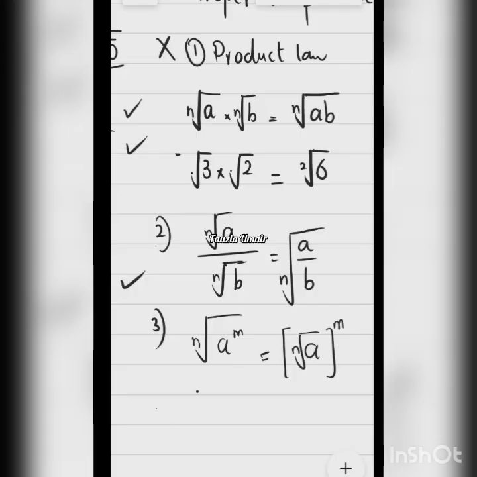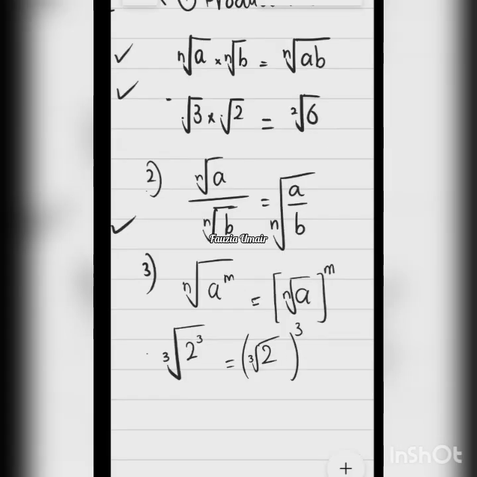For example, let's say 2 cubed under the cube root. If I solve this part, I will do 2 raised to power 3, whole power 1 by 3, and these 3s will be gone, the answer would be 2.